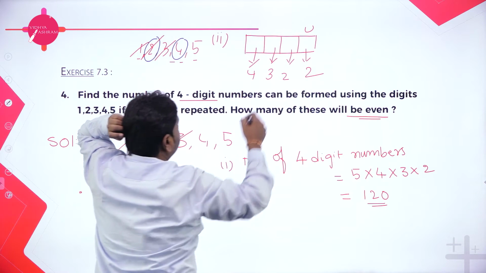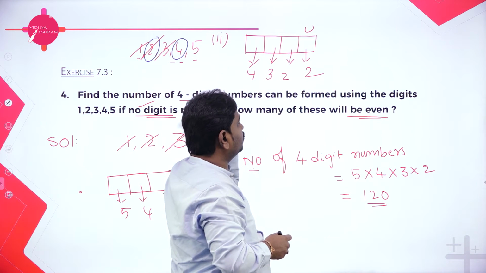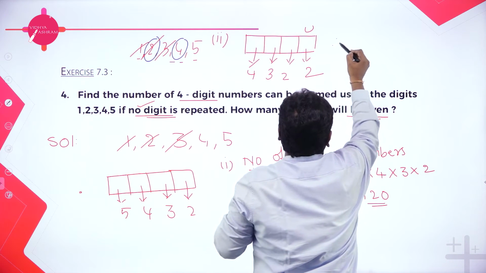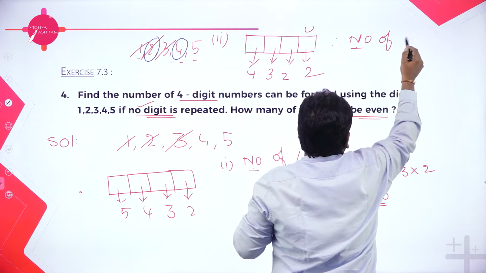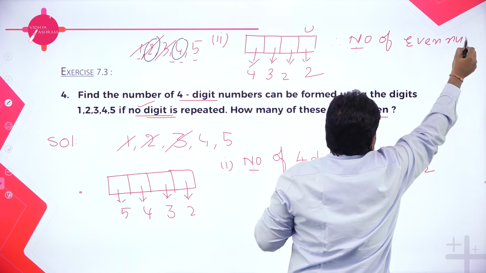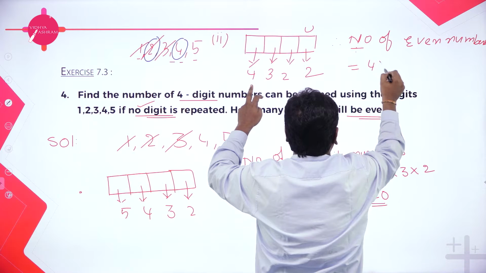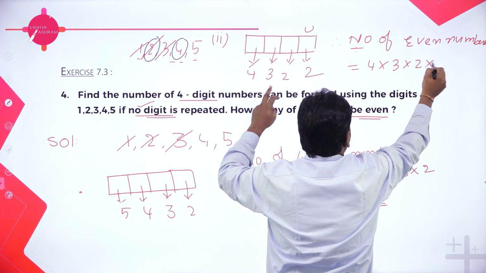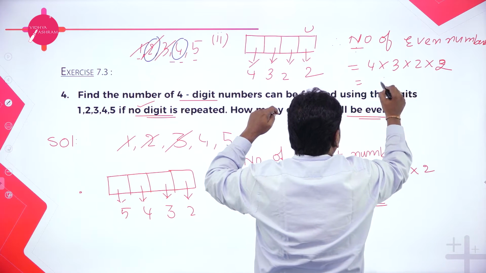So now multiply 4 into 3 into 2 into 2. 4 3s are 12, 12 2s are 24, 24 2s are 48. Therefore, the number of 4-digit even numbers is 4 into 3 into 2 into 2, which is 48.